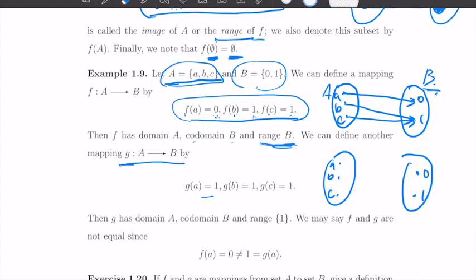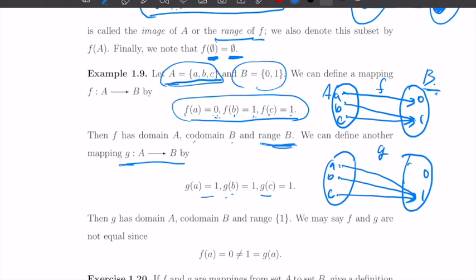So G of A is 1, and G of B is 1, and G of C is 1.